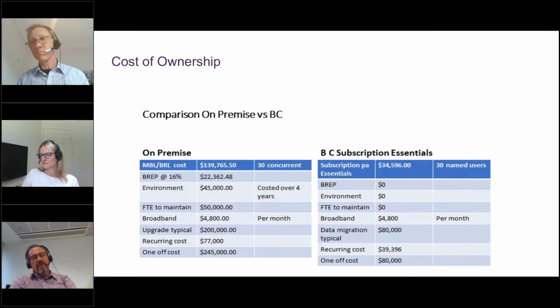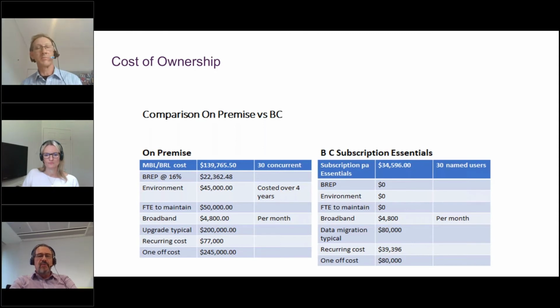They're looking at their environment costs over a 4-year period, and this is their servers put in there. A full-time employee to maintain that, keep them live. The typical upgrade cost of going from one version of NAV to another was at the time around $200,000, because they were potentially moving from NAV 5 up to NAV 2016.